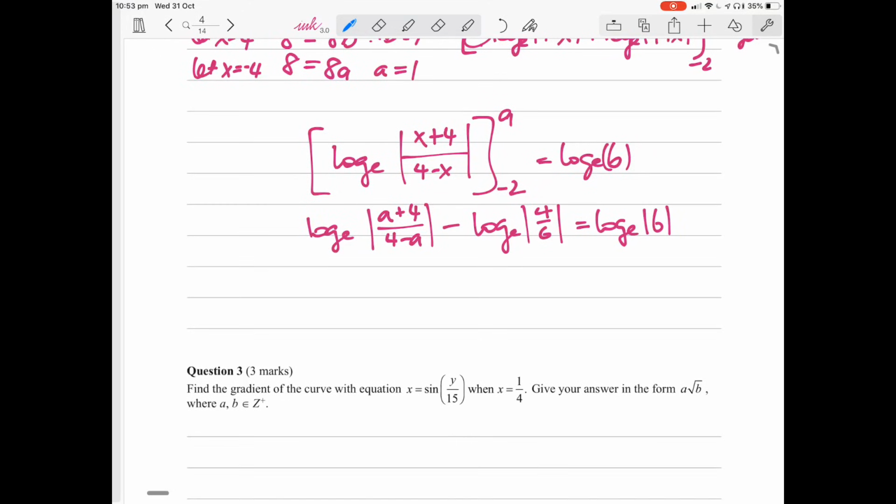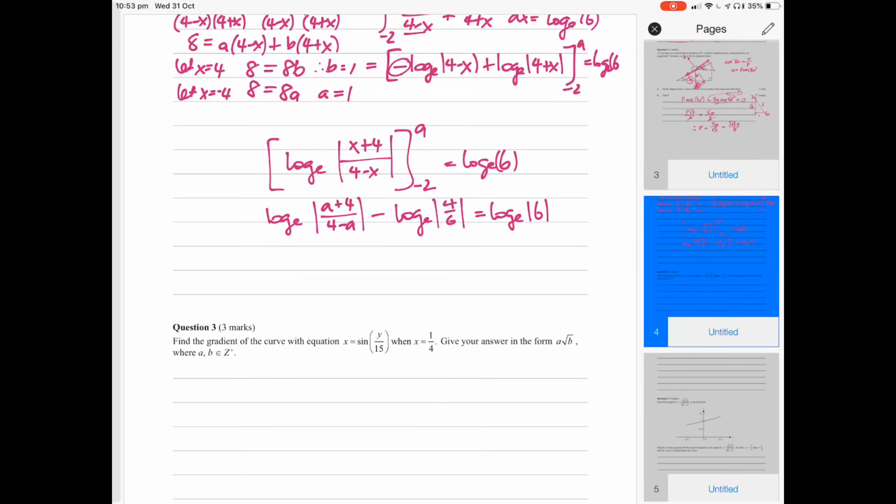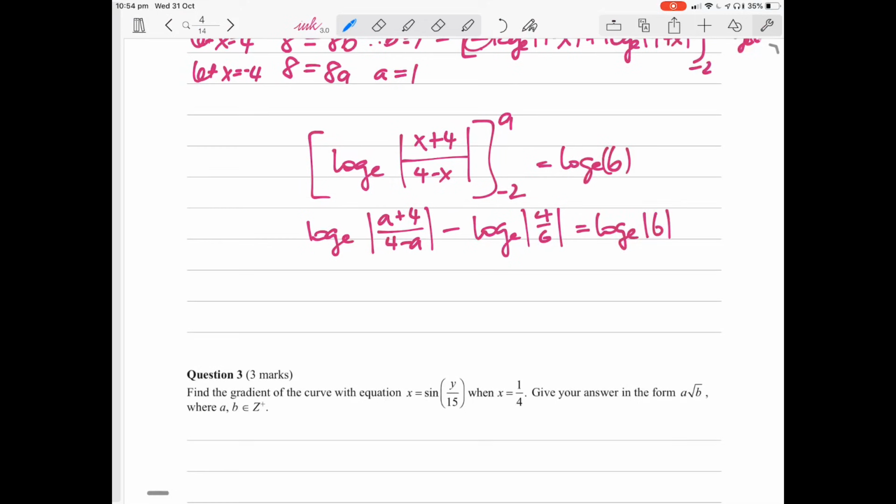Okay, so from here, if I bring that to the other side, it's 2/3. And when I times the 6 by 2/3, I'm going to get log e 4. And I get log e of a plus 4 on 4 minus a.